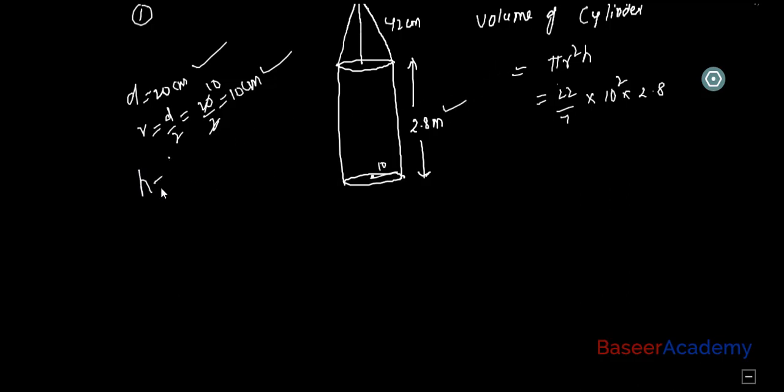So first we'll convert the height into centimeters. We all know that 1 meter is 100 centimeter. So we multiply this with 100 and get the height as 280 centimeter. So in place of 2.8, I'll write 280.